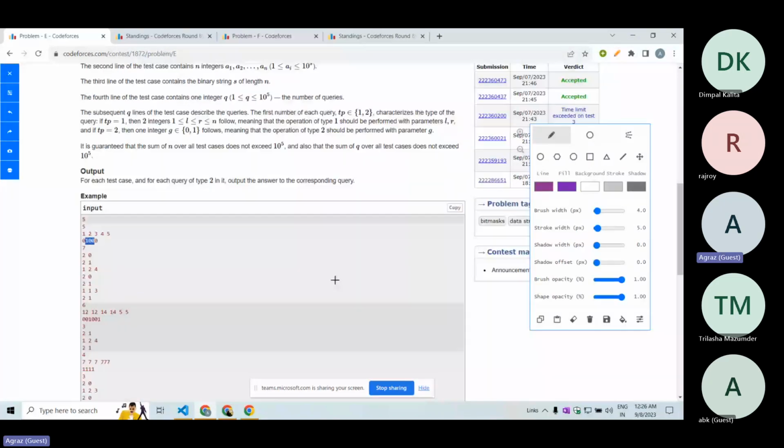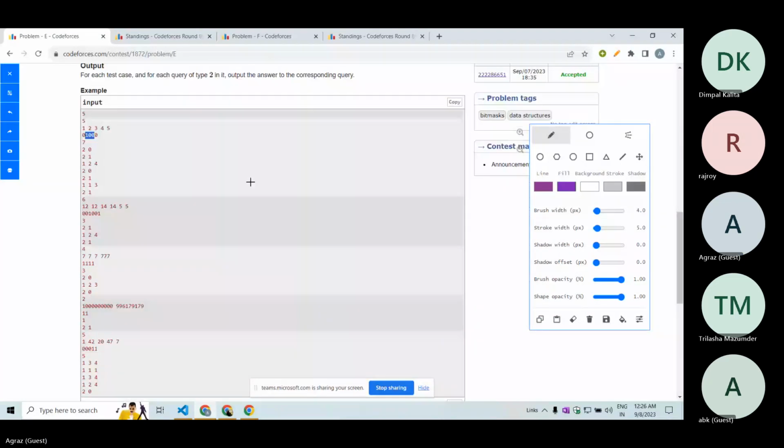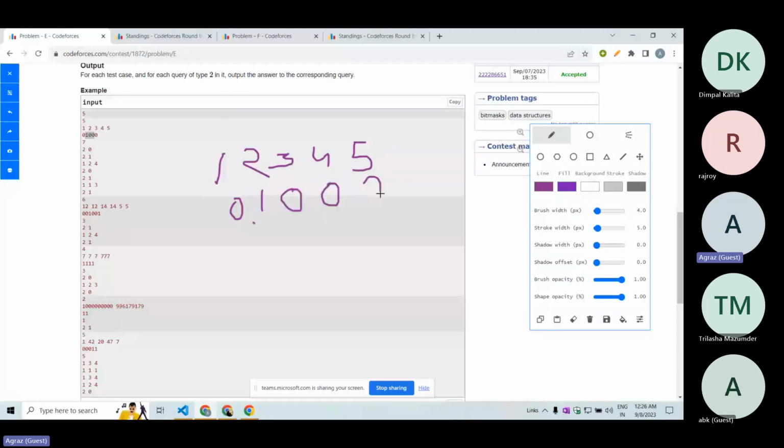Okay, so for example, let's see. Our array is 1, 2, 3, 4, and 5, and the corresponding string is 0, 1, 0, 0, and 0. I will keep two integers, num 0 and num 1, which will keep the current XOR with initial value 0.